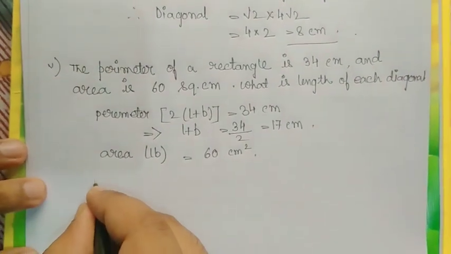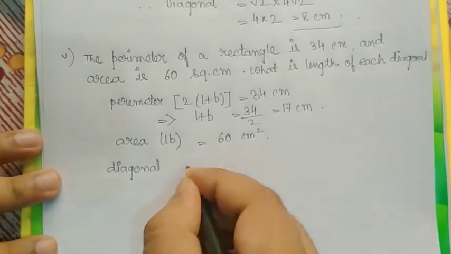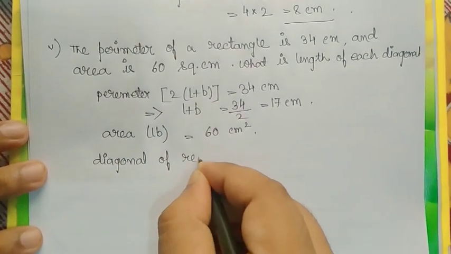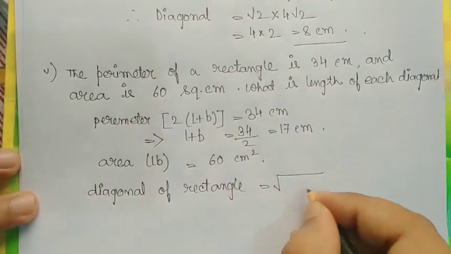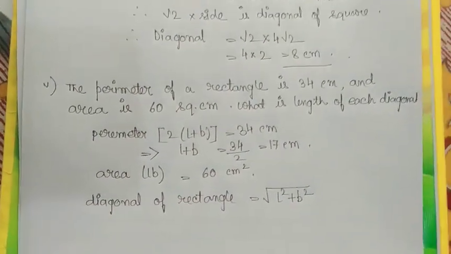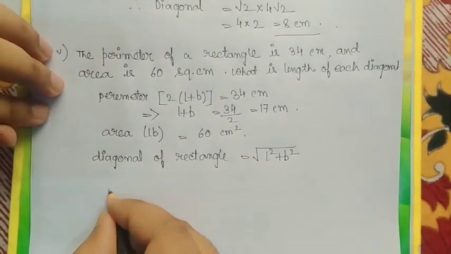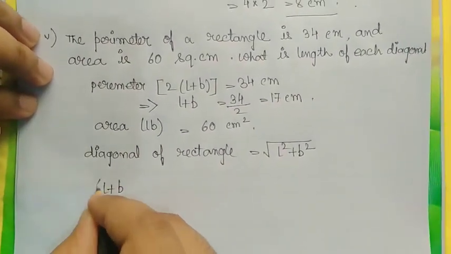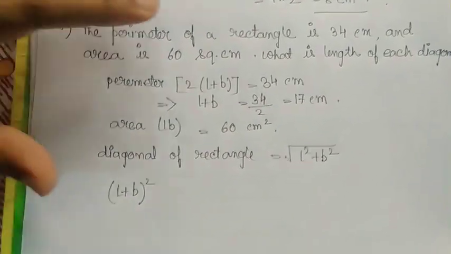So the diagonal of a rectangle, we know the formula, diagonal of a rectangle is root over L square plus B square. This is very important. How do I convert it into the diagonal of a rectangle?